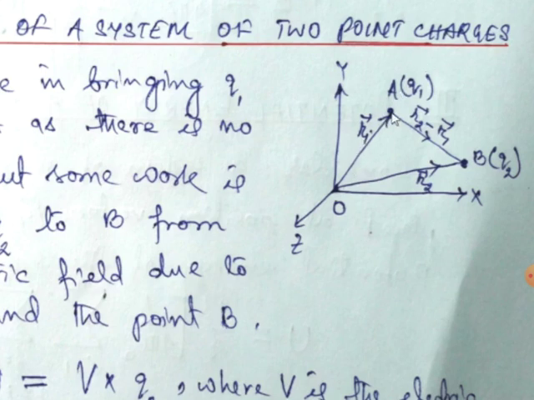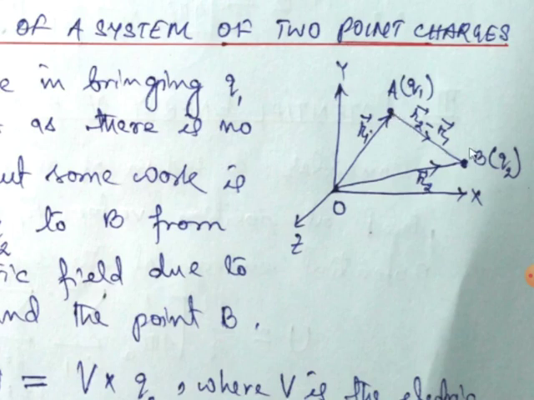Why? Because there was no field around this position A. There is no external field, so there will be no work done in bringing Q1 from infinity up to A. Got it?